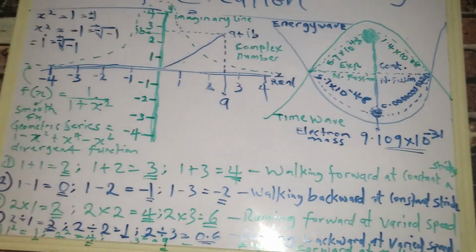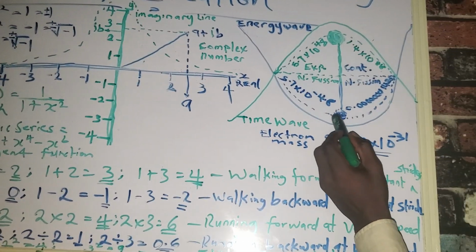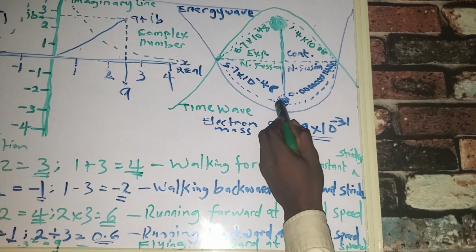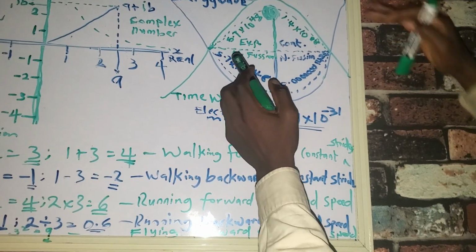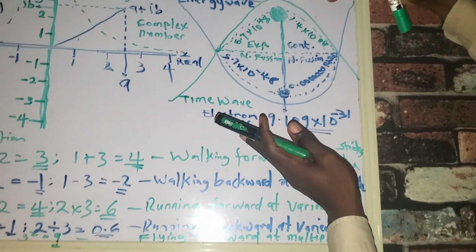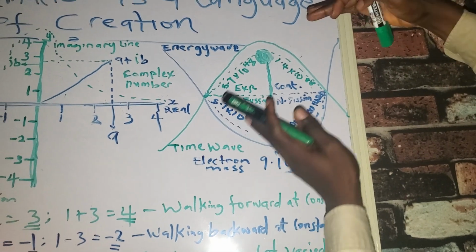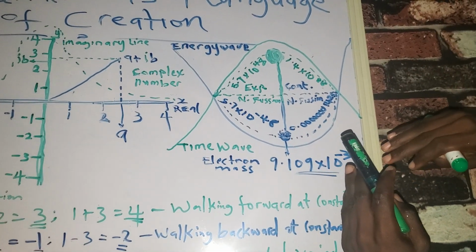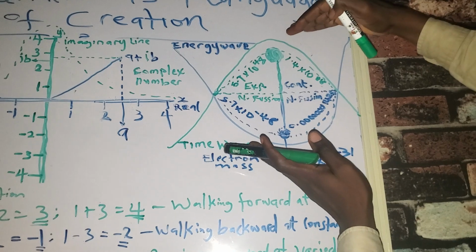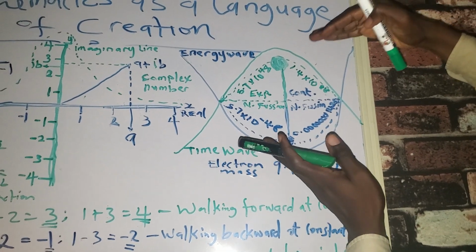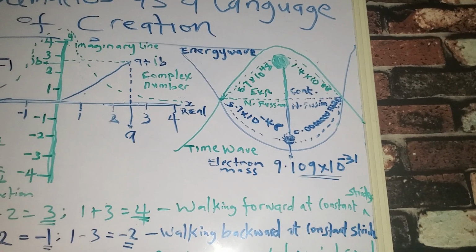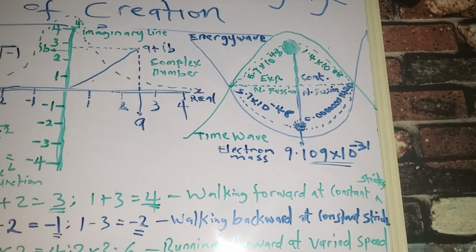What we see here is convergence of mass at quantum level. This time energy wave model is a visual representation of the reality of the universe itself. You understand?